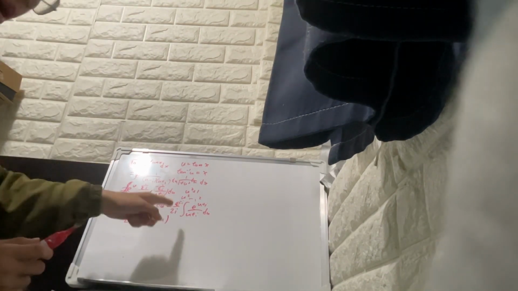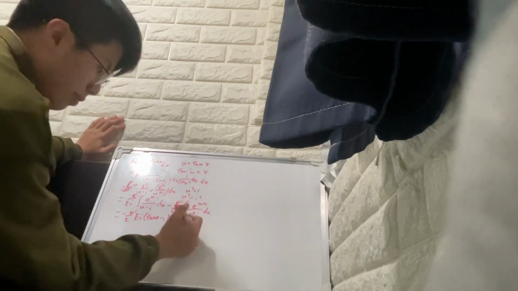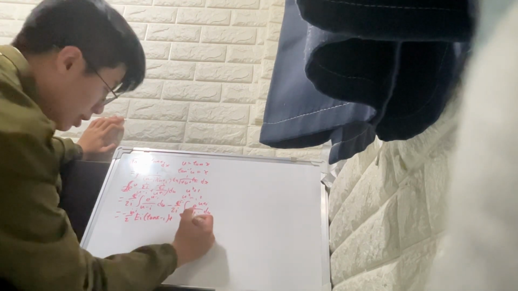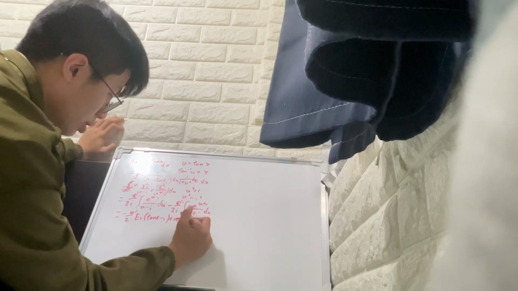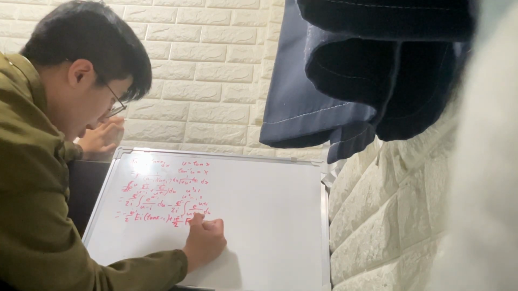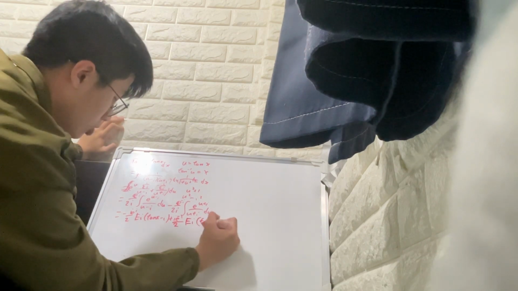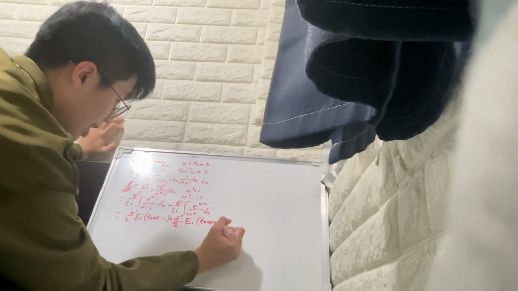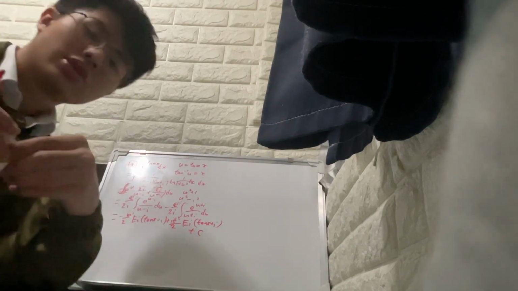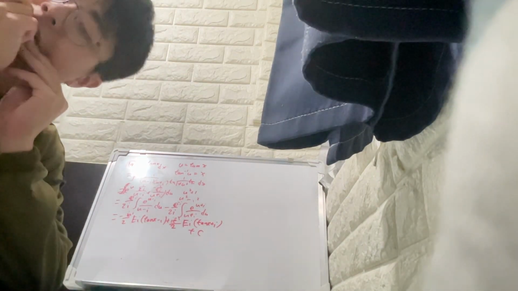Then a negative times negative being positive, we have i times e to the power of negative i over 2, and then Ei of u is just tangent x plus i. This result is really weird, right? But this is non-elementary, so the result might be weird, and this is really normal.